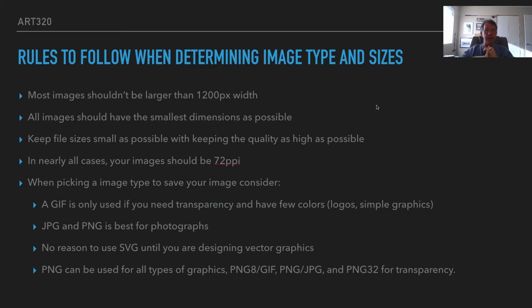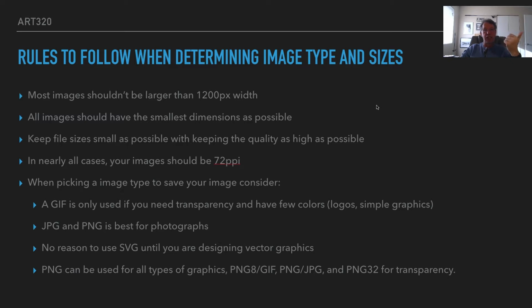Now, a PNG was originally created to replace the JPEG and the GIF. It didn't really work out that way. Most people didn't want to change. They were happy with the way it was. But the PNG can be used for all types of graphics. There's a PNG 8, which is equivalent to a GIF.